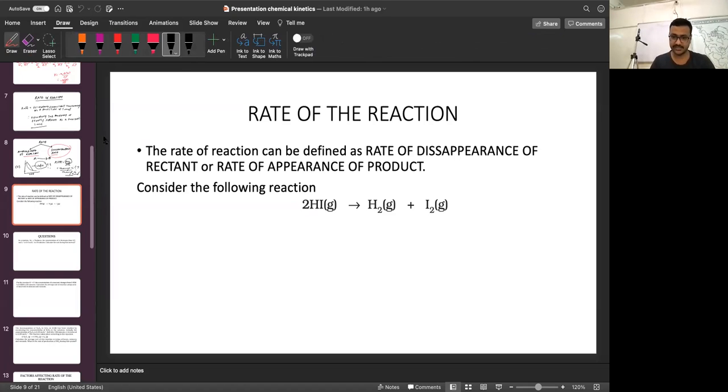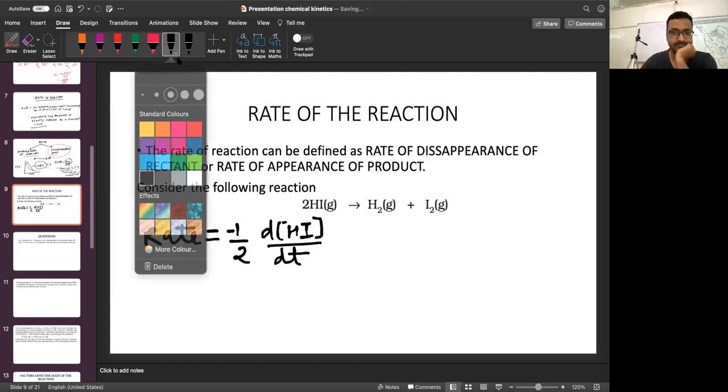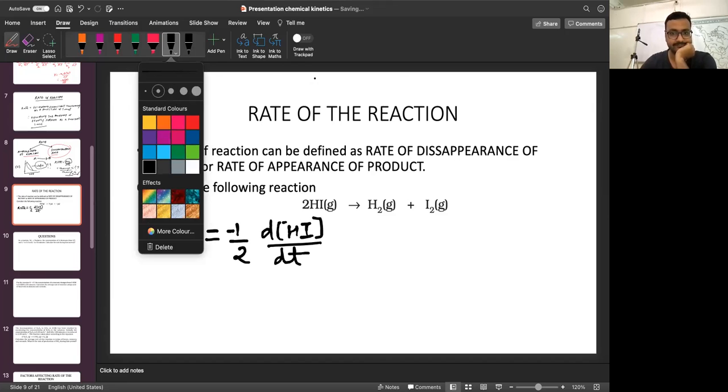So we can write that the rate of the reaction will be equal to 1 upon 2 with a minus sign, d of HI upon dt. I have written the instantaneous rate, okay? d of HI upon dt.